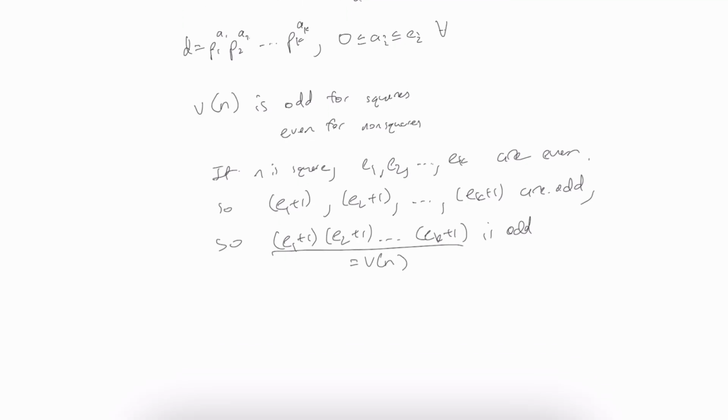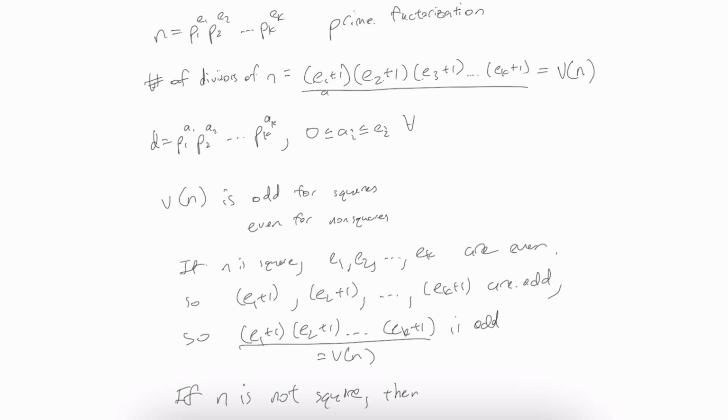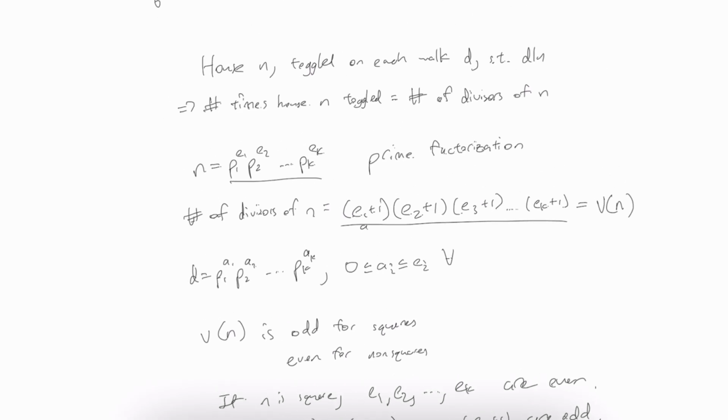On the other hand, if n is not a square, then one of these powers has to be odd.